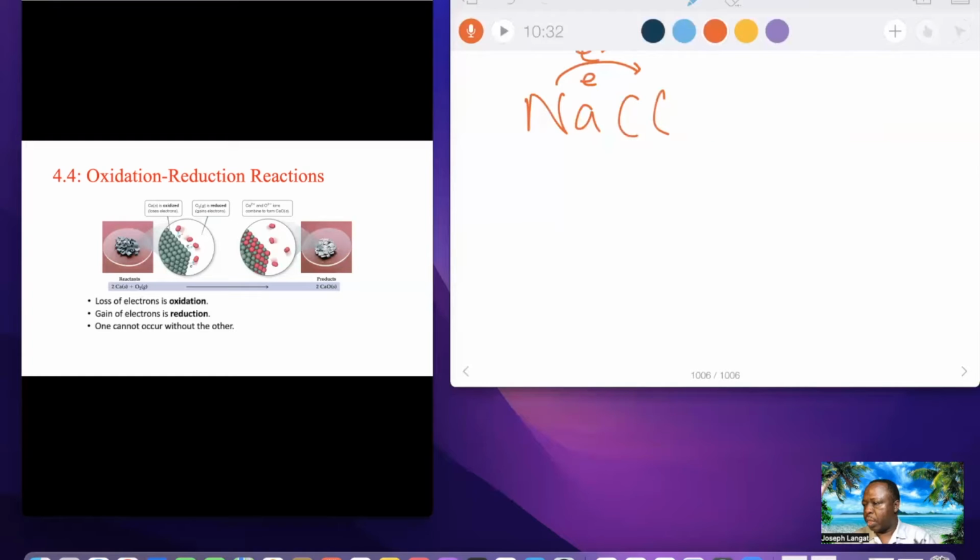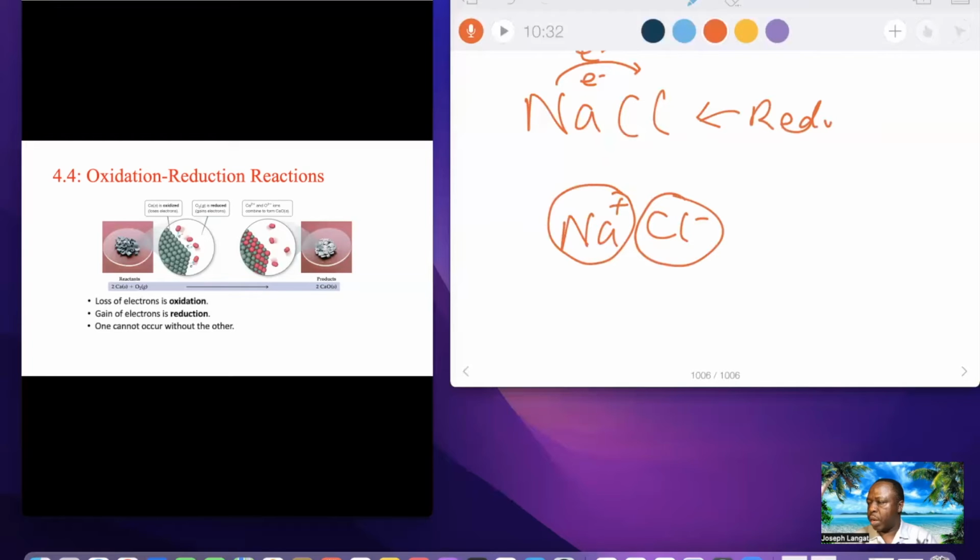You see the arrow to form Na+ and Cl-, and the strong electrostatic force forms sodium chloride. So there is transfer of electron. Here we have a redox reaction in the sense that sodium is losing 1 electron, oxidation, and chlorine is gaining one, a reduction reaction.